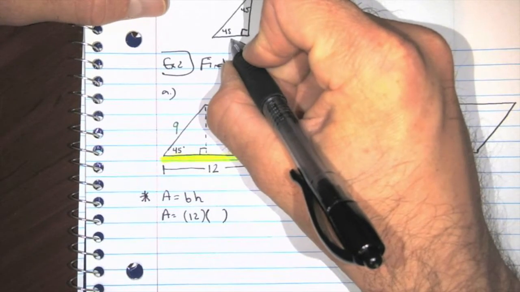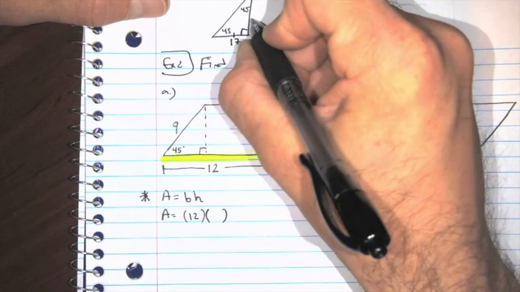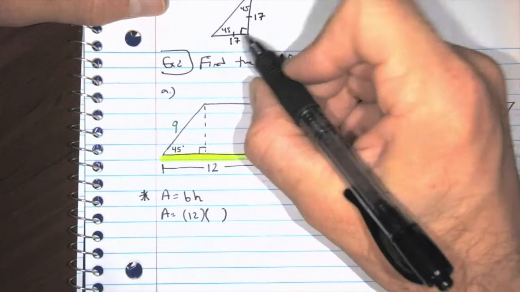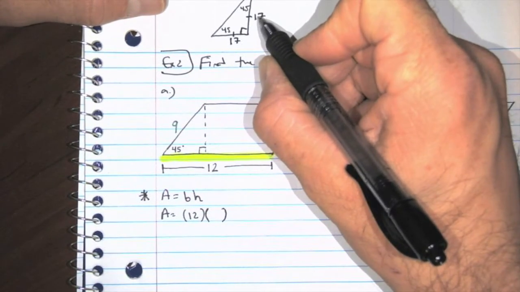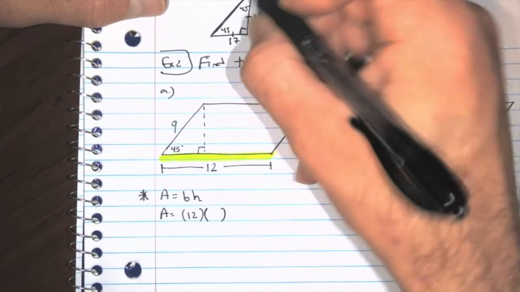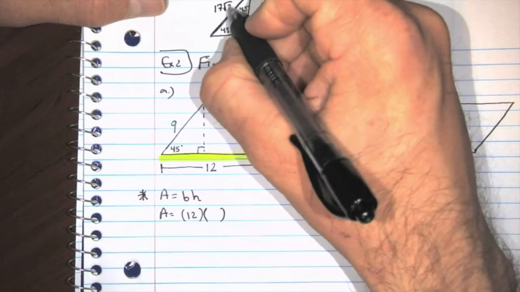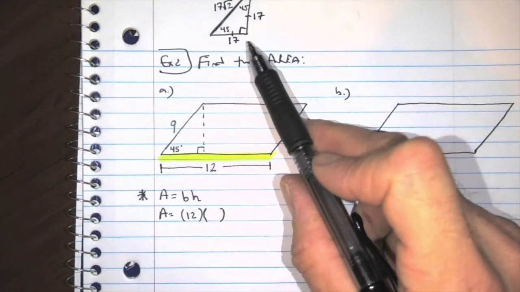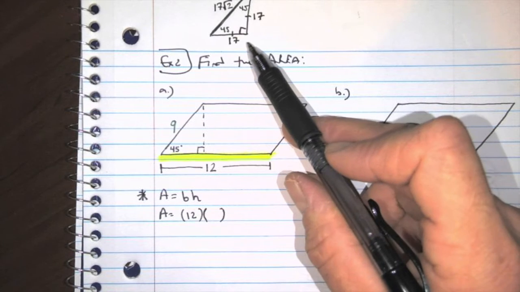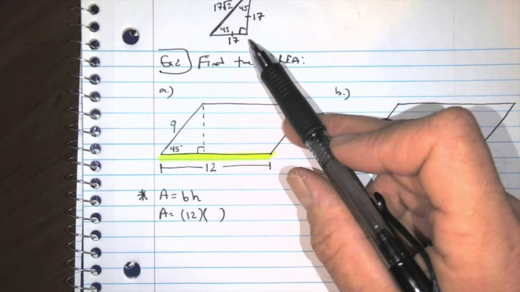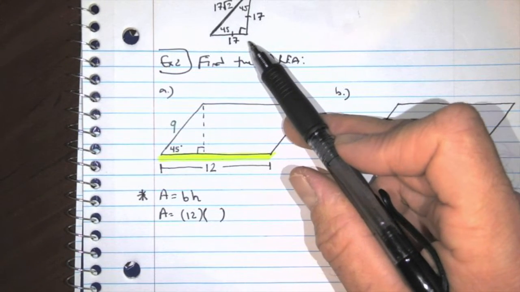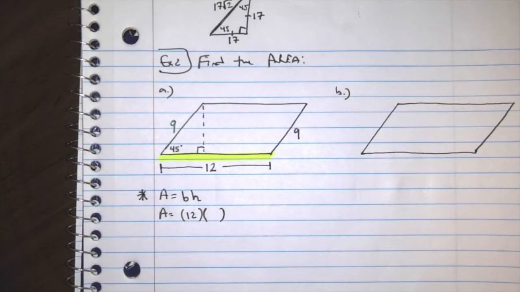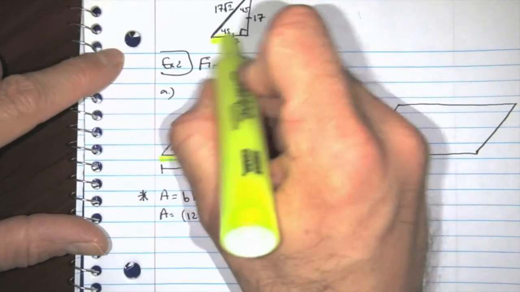If this side is 17, remember that the two legs of a 45, 45, 90 triangle are the same. That would also be 17, and the hypotenuse is 17 root 2. I didn't even have to use the Pythagorean theorem. I know. And most of you also know your properties of your special 45, 45, 90 triangle. Just keep in mind that the legs are the same.